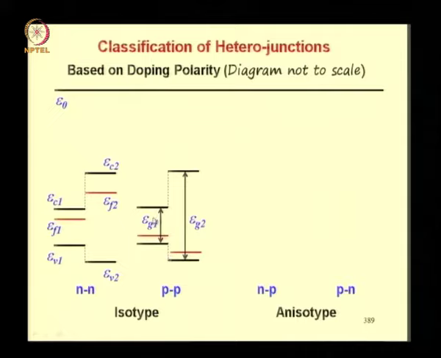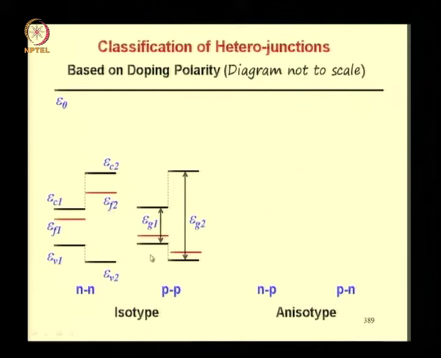The nomenclatures for various parameters of the heterojunction are shown here. So you have Eg1 and Eg2 as the energy gaps, Ec1, Ec2, Ev1, Ev2 are the conduction and valence band edges, and Ef1, Ef2 are the Fermi levels.